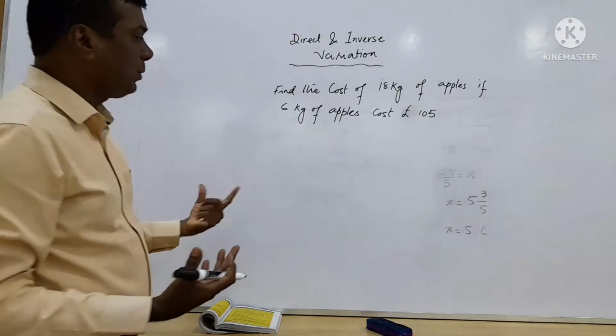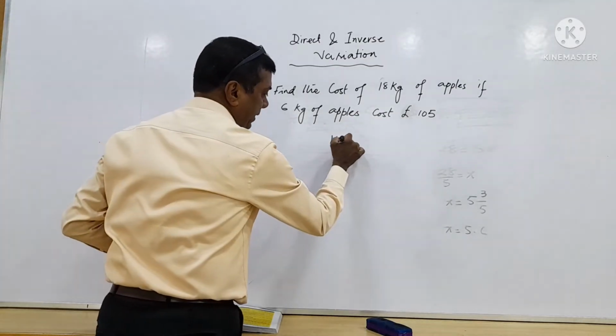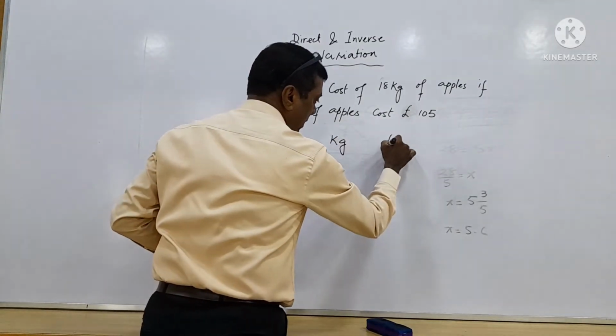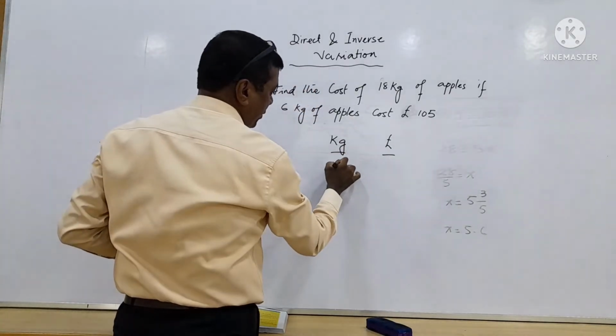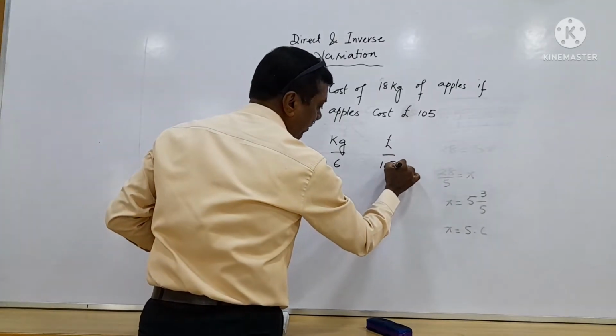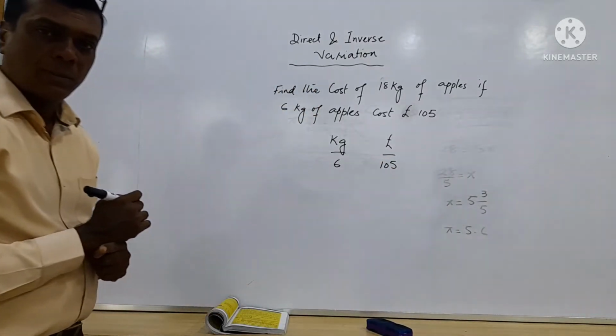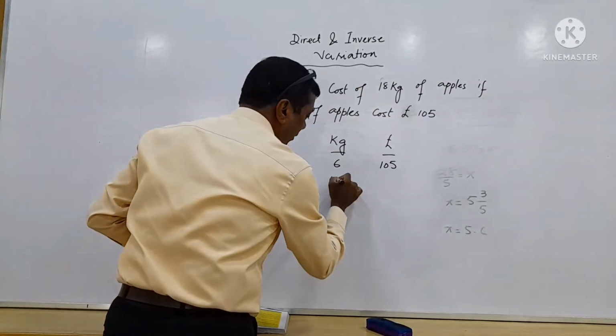Now, what do we have to do? We have kgs and we have pounds. So I am going to write it here, kg and cost, which is pounds. So I know that 6 kg of apples cost 105 pounds. Then we need to find the 18 kg of apples.